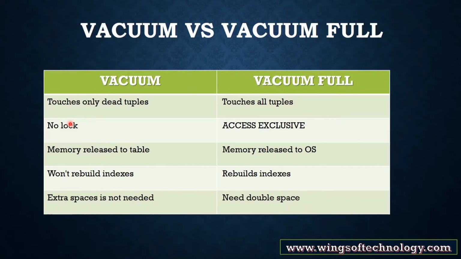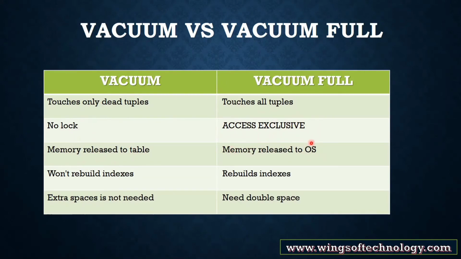The second difference is that there is no need for locking in vacuum, but in vacuum full, as it is moving the main table from one location to another, obviously it cannot allow all DML operations on that table. That is why it takes an exclusive lock. The third point is that with vacuum the memory is released to the table itself, but not to the OS.